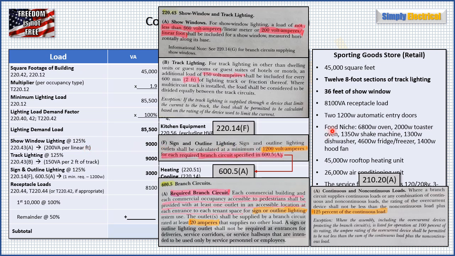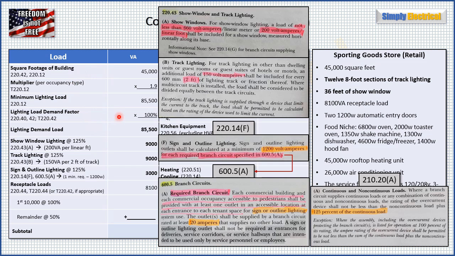Now let's see, we've got 36 feet of show window. So we're going to take 36 feet times 200 VA and we get 7,200 VA. However, we got to always remember back in table 220.12 when we were getting this multiplier, there was a note at the bottom of the table that said they take into account already the continuous loads because all those were commercial applications in that table.